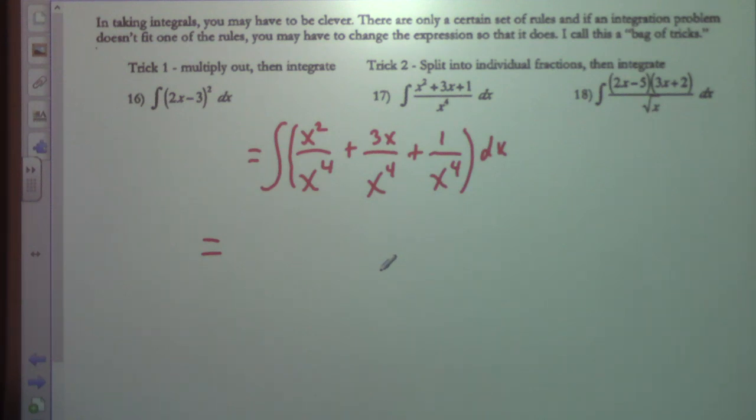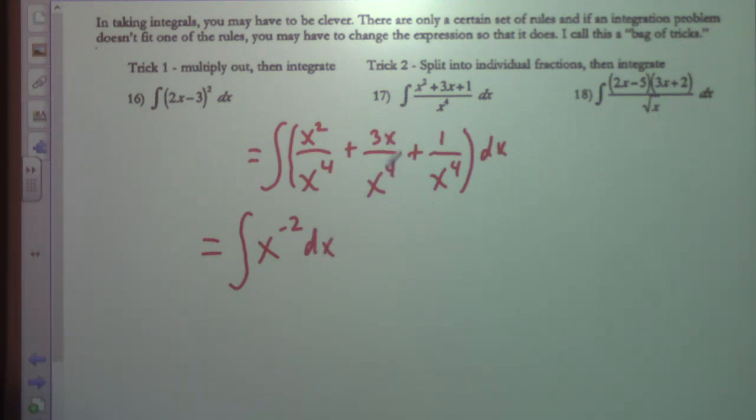Everything's good? So here, if we divide out, what are we going to get? x squared divided by x to the fourth, what is that going to be? You subtract the exponent, so it's going to be x to the negative 2 power, dx. And then handle this one.